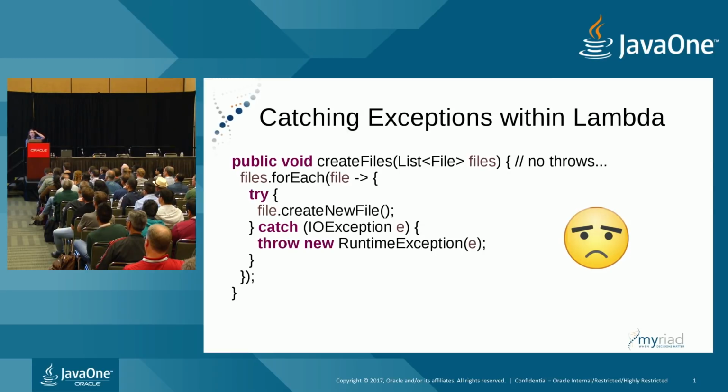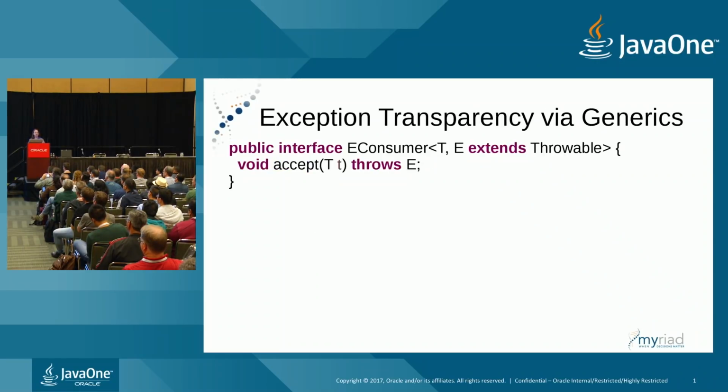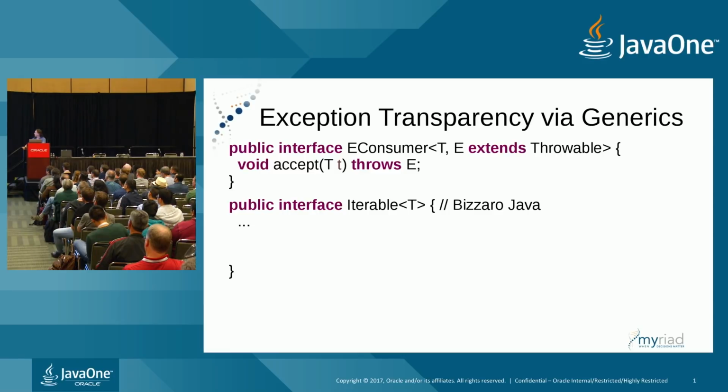So you start thinking, well, that's unfortunate. And then the next thing you think is, well, hey, maybe they didn't try hard enough on the exception transparency front. What if we use generics? So we say, hey, instead of using Consumer, let's try an EConsumer that can throw some exception type E. And while you can't catch a generic exception type, you're certainly allowed to declare that you throw it. So this works out.